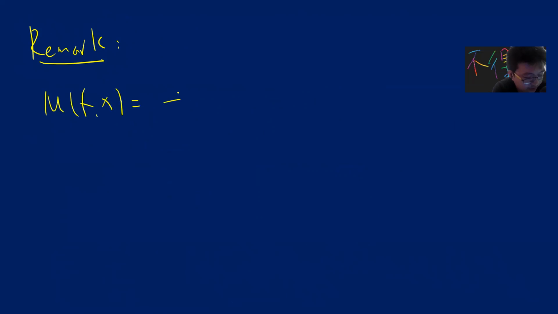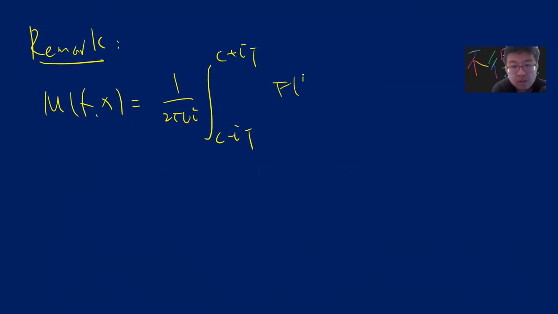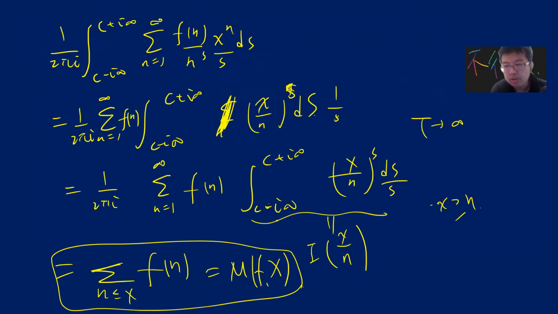Okay. But let me just make a remark. This remark that we will use is that if you write M of x using the finite T, this is why we need to derive the error term. If I write it like this, then I should get some error term with respect to T. And if you do the Perron's formula here with T, you get some error term, right?